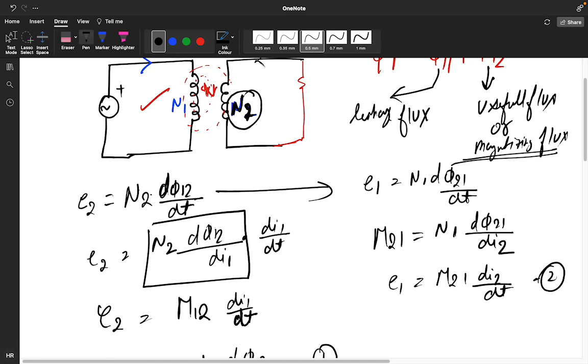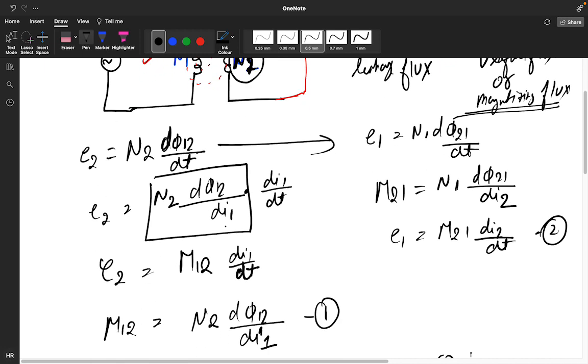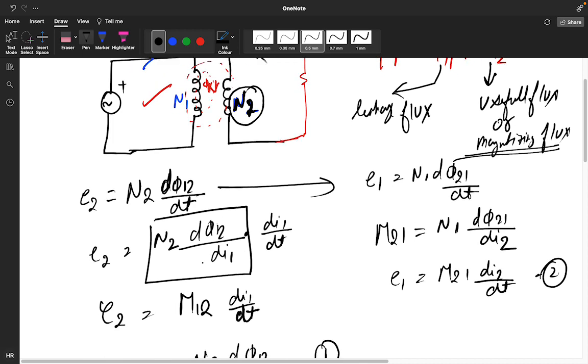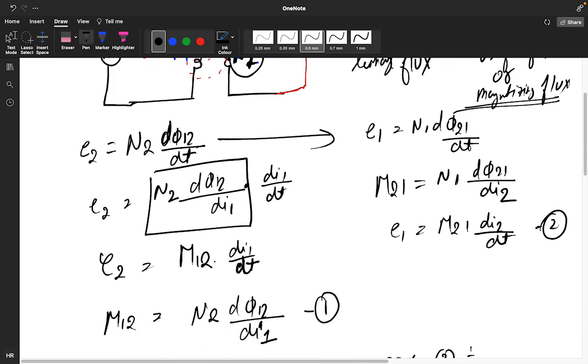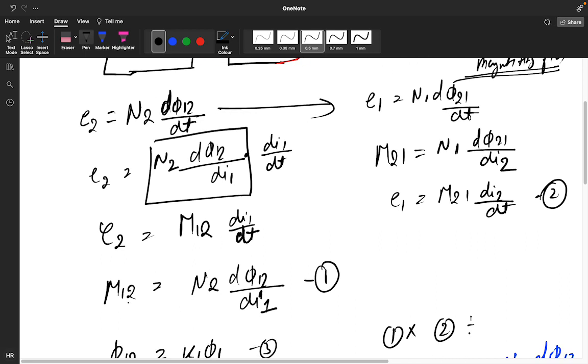So I am getting E2 is equal to N2 into dφ12 divided by dt, and this can be represented by N2 dφ12 by di1 into di1 by dt. This particular name we have given as mutual inductance, M12. Okay, so E2 is M12 into di1 by dt. M12 is nothing but N2 into dφ12 by di1.